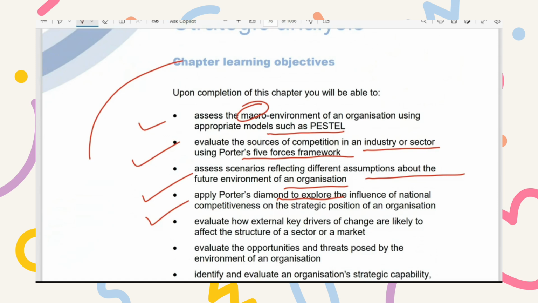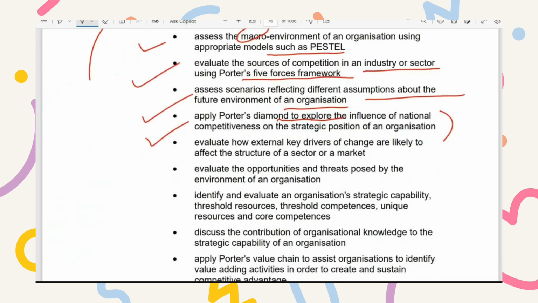Porter's Diamond: explore the influence of national competitiveness on the strategic position of an organization. This is also an interesting part. Country-wise, some countries are popular for one specific thing or technology, like Japan for electronics and Germany for vehicles. These are examples we can use for your better understanding.